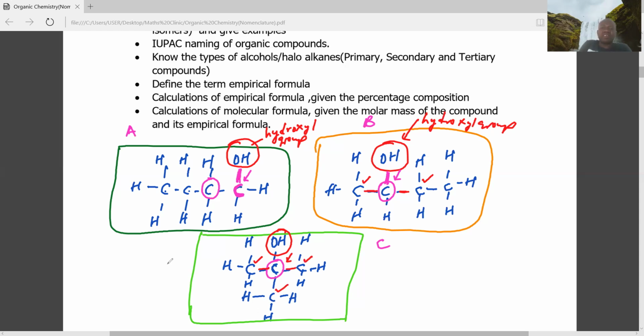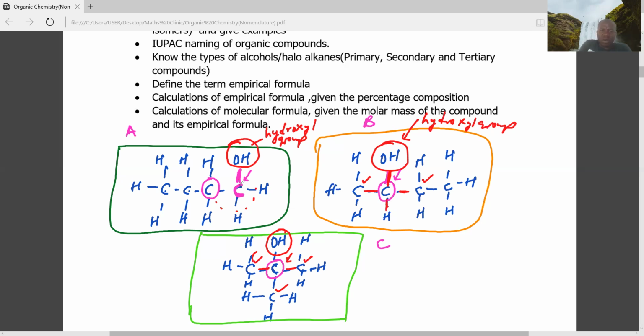So you see that within these three alcohols, in the first one the carbon atom attached to the hydroxyl group is bonded to one carbon atom only. In the second, it's bonded to two carbons. But this one is bonded to three carbons.